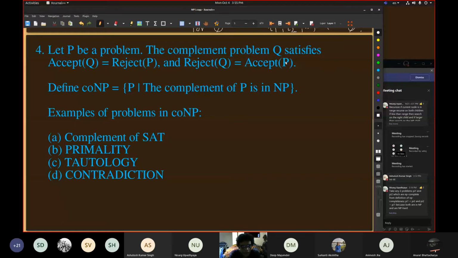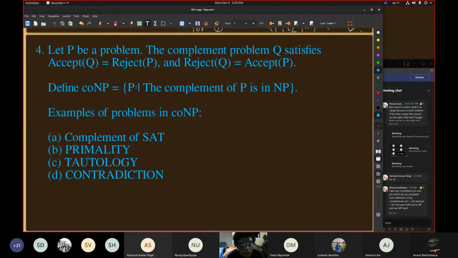And now I define the complexity class co-NP as the set of all problems P such that, or maybe I should have written Q here. Complement problem Q, of course, this is fine, no problem.